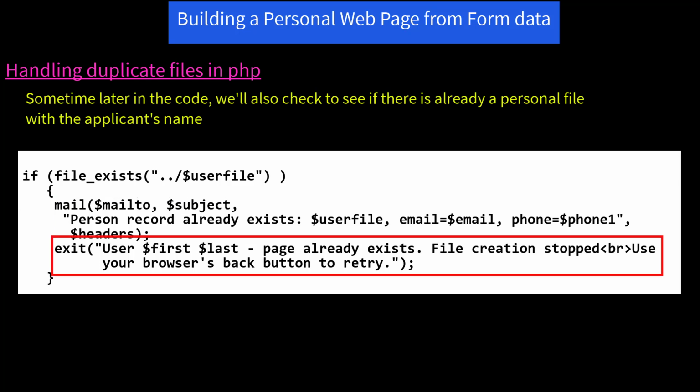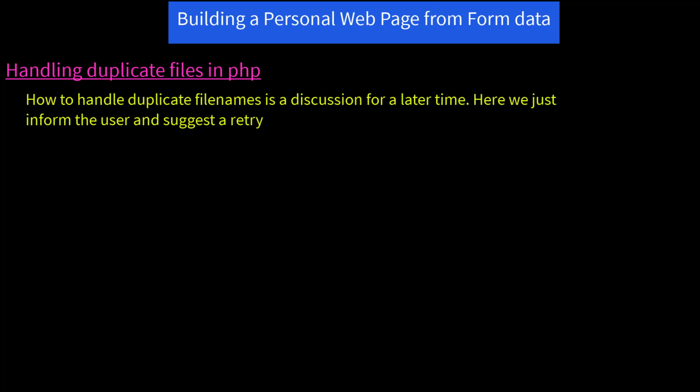Again, we exit the CGI with the message user $first, $last, page already exists, file creation stopped. New line, use your browser's back button to retry. Now, how to handle duplicate file names is a discussion for a later time. Here, we just inform the user and suggest a retry.